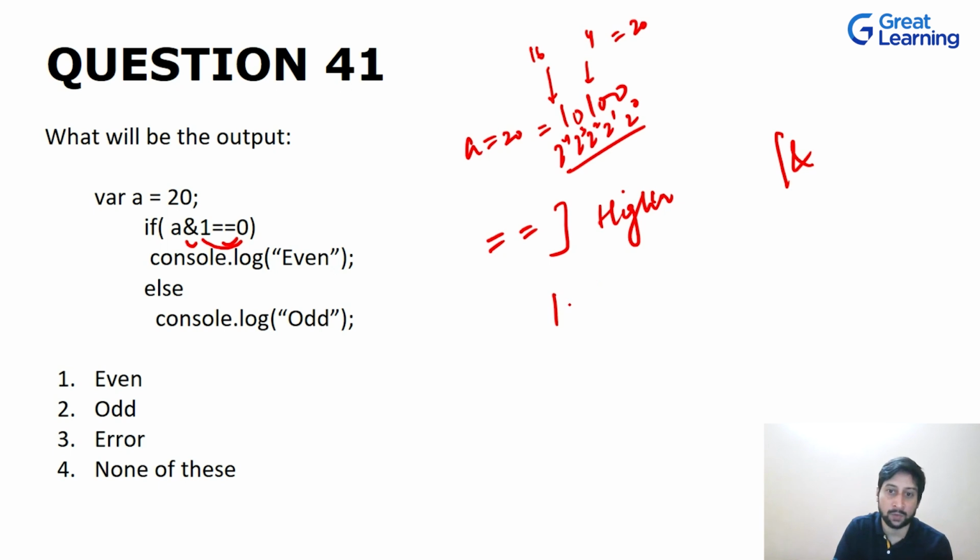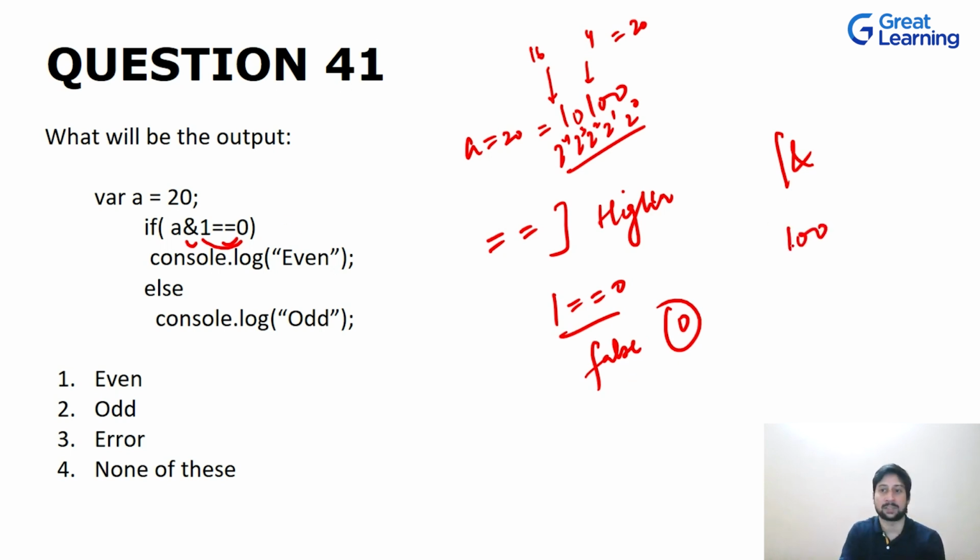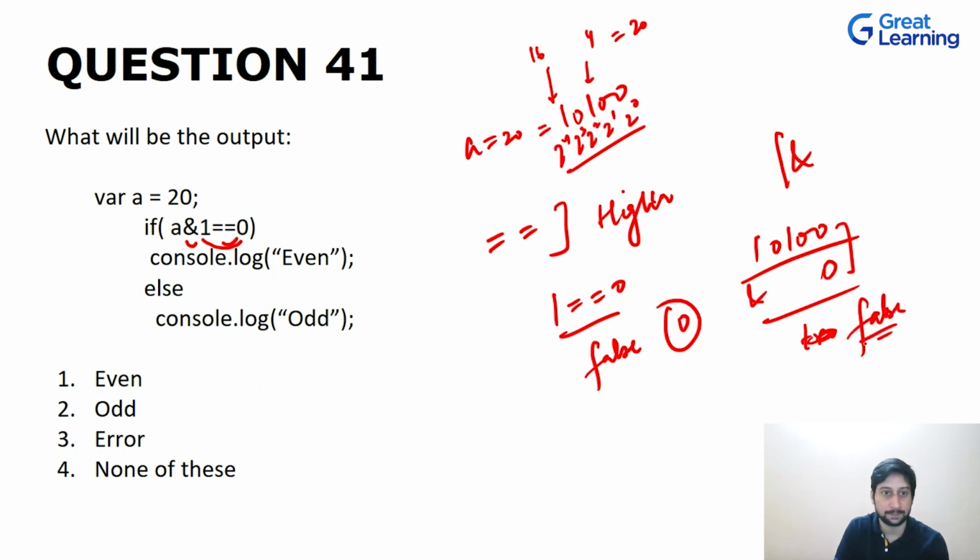So for that reason, before even calculating this a AND 1, we first calculate this 1 equal to 0. Now is 1 equal to 0? No, this would be false. That means we'll be getting the output as 0. And now when we are doing a, that is 10100, a bitwise AND with a false, that means with a 0, 0 and 0 will yield you a result which is again a false, right? So once you have this condition as false, this counterpart will not be executed.